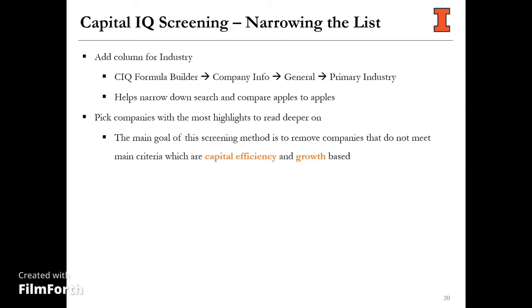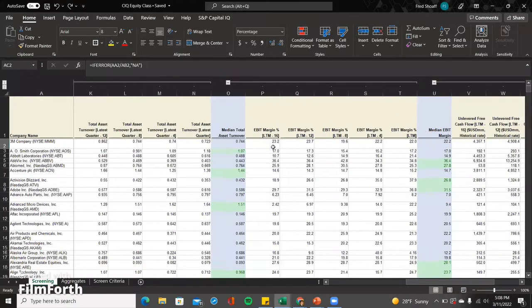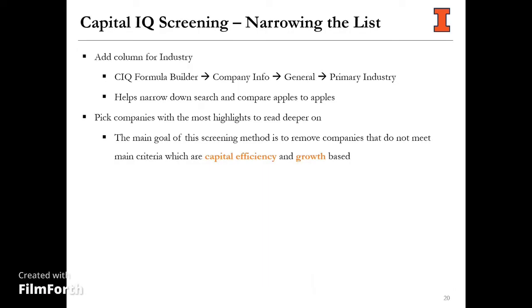It takes line by line analysis like that to help us get a better perspective on some of the best and worst performing companies in terms of those metrics that we've been going over, whether it's free cash flow or EBIT margin or total asset turnover. And going one by one and highlighting the best ones, we can start to assess, in this case, which ones have better capital efficiency, which ones are growing best.